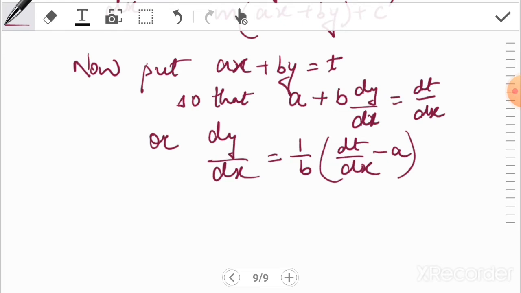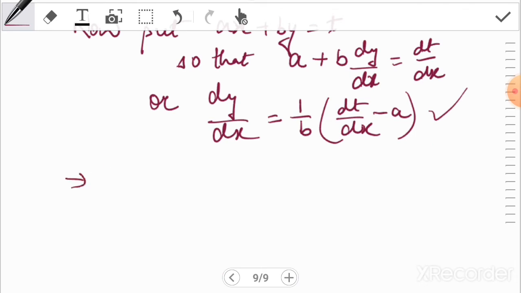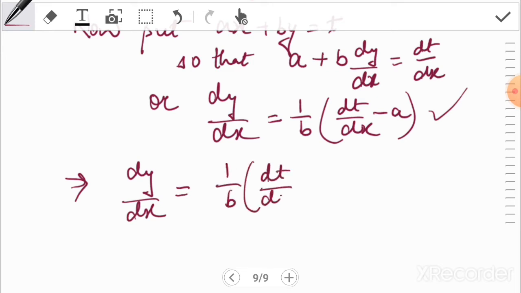Now let us equate this equation and this equation. So we have dy by dx is equal to 1 by b dt by dx minus a is equal to t plus c by mt plus c dash.